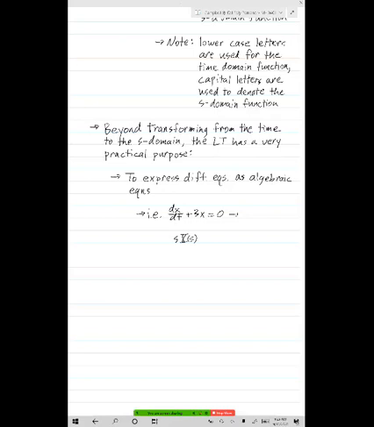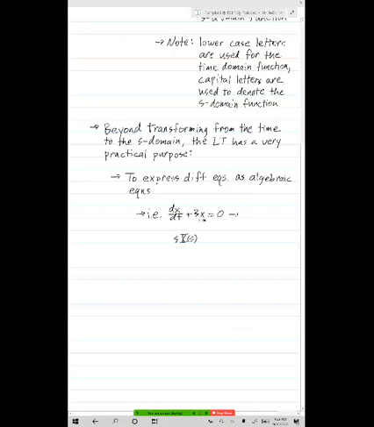You see a first order derivative, you have S, and that S is multiplied by the transformed function X of S. So little x in this expression represents what's going on in the time domain. Capital X represents what's going on in this frequency domain.